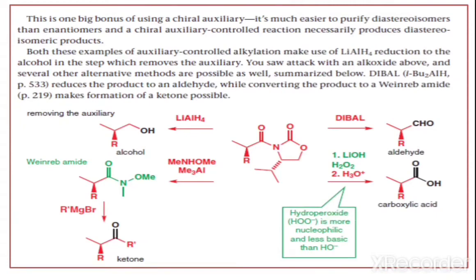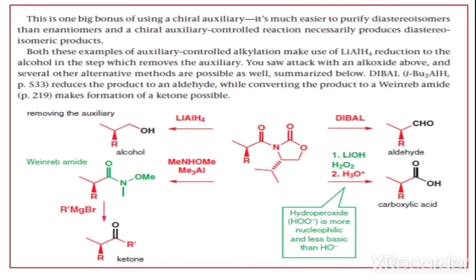Both of these examples of auxiliary-controlled alkylation make use of lithium aluminum hydride. Here there is simple removal of these chiral auxiliaries and simultaneous reduction, and we get the alcohol. Here, removing the chiral auxiliaries means there is a reduction to the alcohol in the step, which removes the chiral auxiliaries.